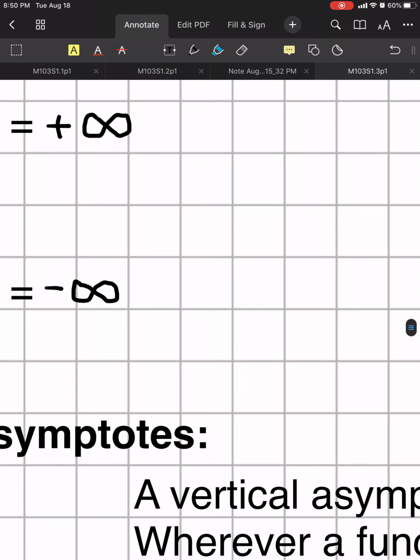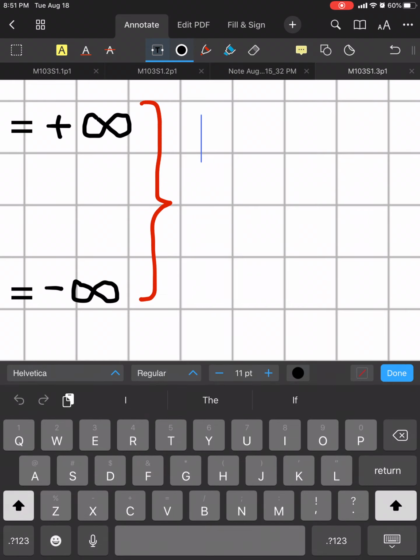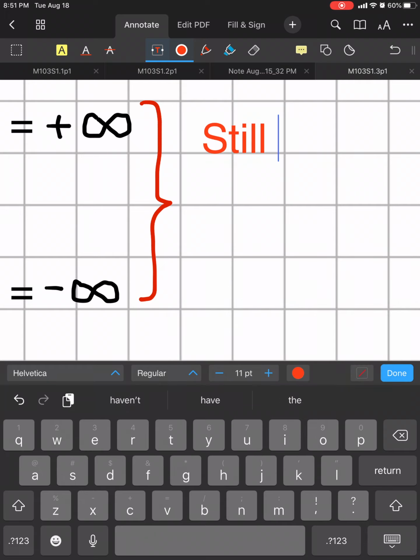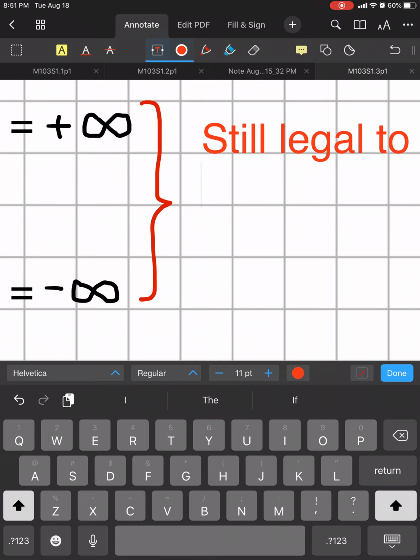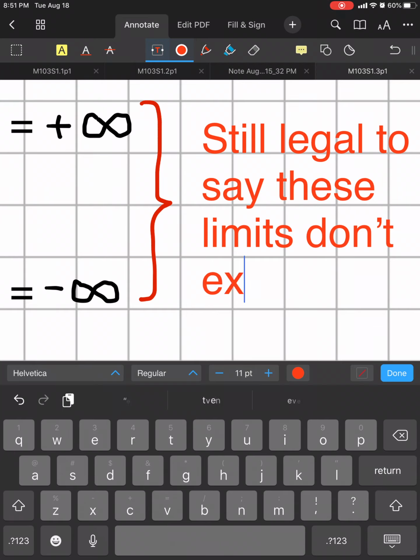So one thing I do want to point out here, it is still legal to say these limits don't exist.